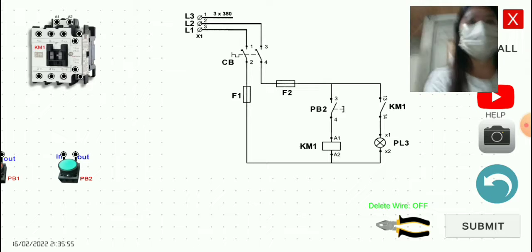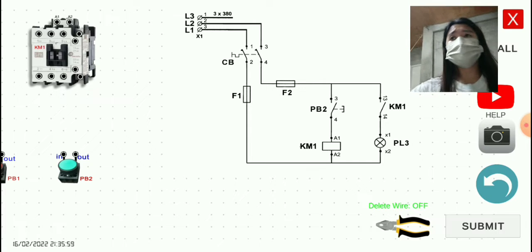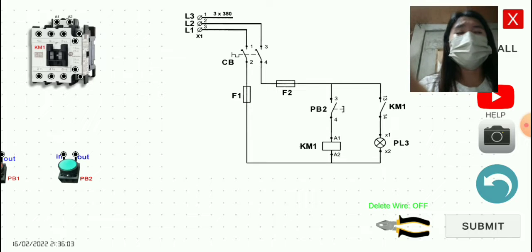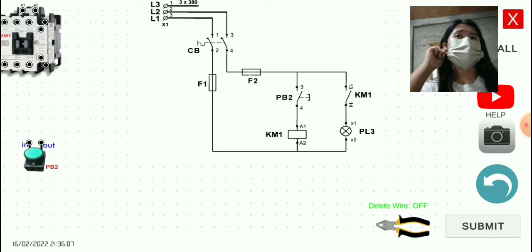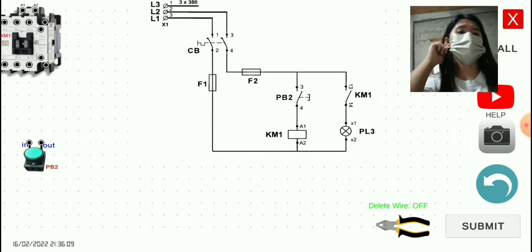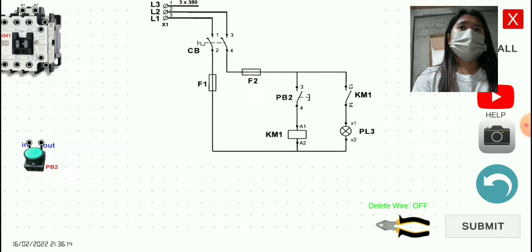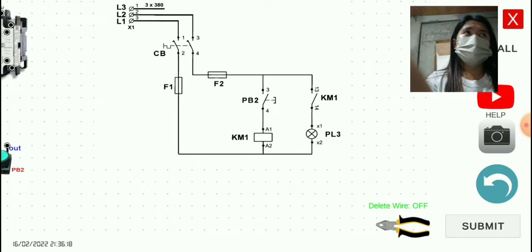First we will do the labeling, which is very important when reading an electrical diagram. Take note that we have KM1 and KM1 here. They have different symbols, but they have the same name.